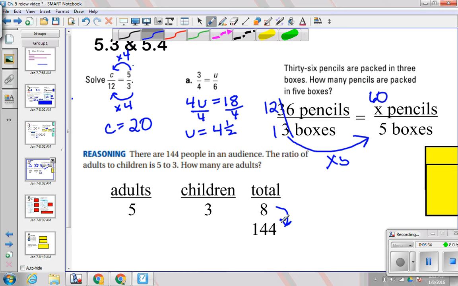Well, we can take 144 and divide it by 8 to get that number, which is 18. And then we have to multiply each part by 18. But they only ask us about the adults. I'm only going to multiply 5 by 18. And there must be 90 adults in that group.